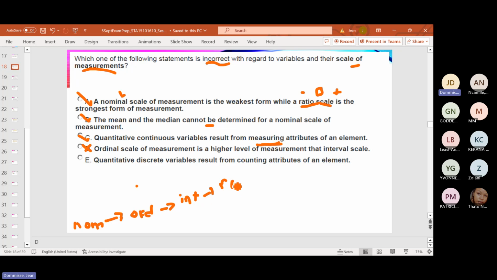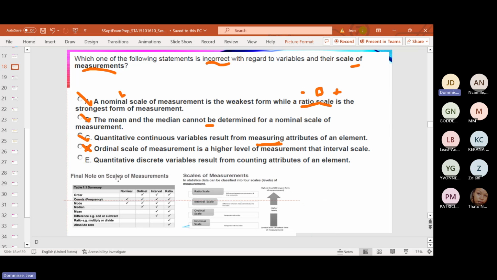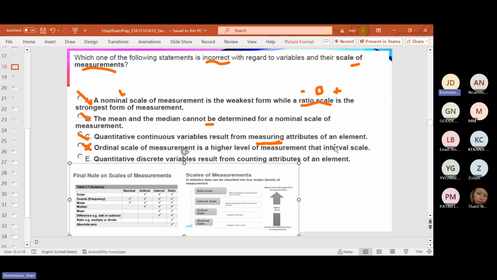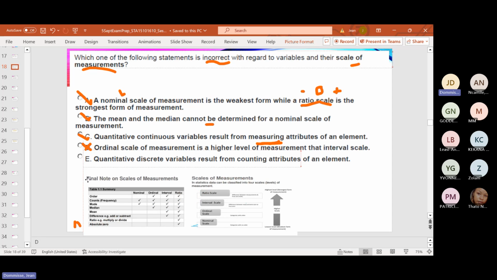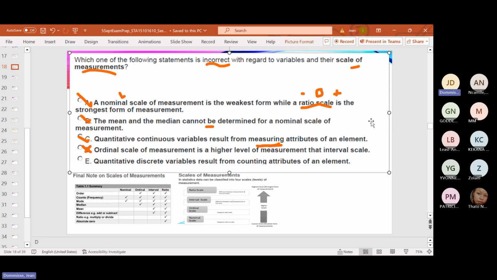Okay, and it is in our study guides. Let me quickly copy that image, I'm going to put it here at the bottom. It is something that we have in the slides as well.